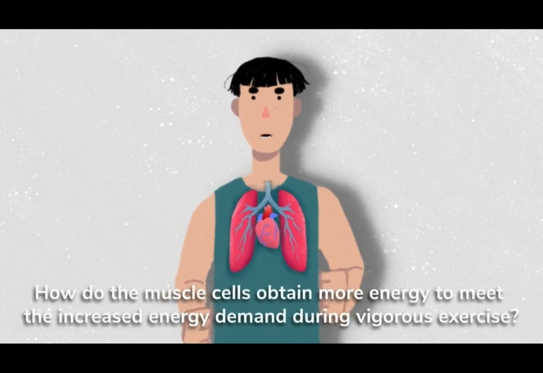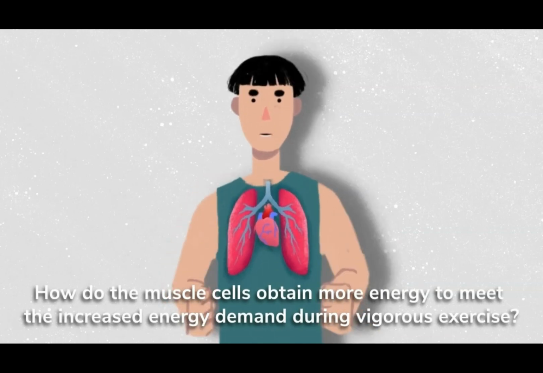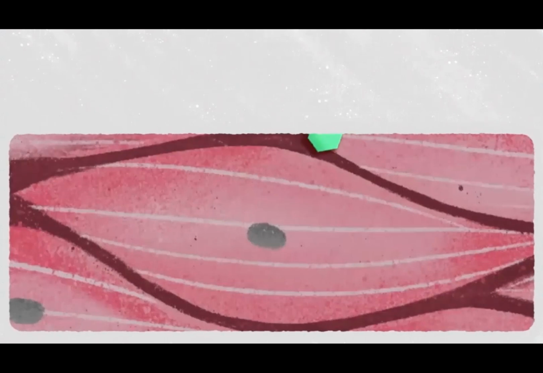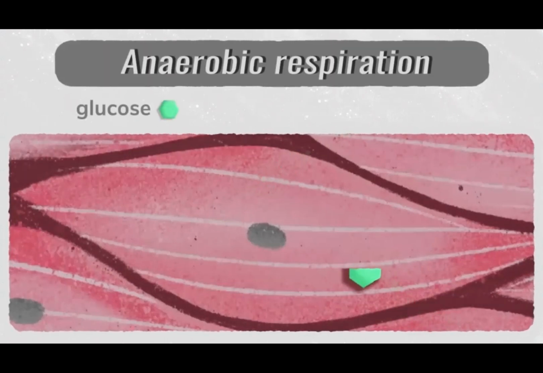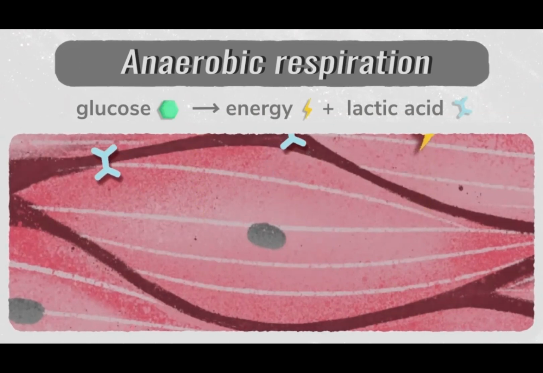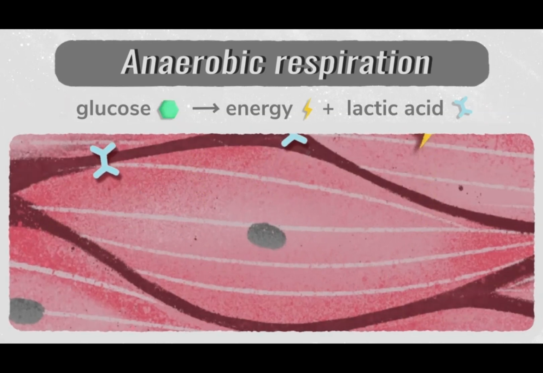How do the muscle cells obtain more energy to meet the increased energy demand during vigorous exercise? This is when anaerobic respiration kicks in. Unlike aerobic respiration, anaerobic respiration can release energy by breaking down glucose without oxygen. As glucose molecules are only partially broken down without oxygen, only a small amount of energy will be released.